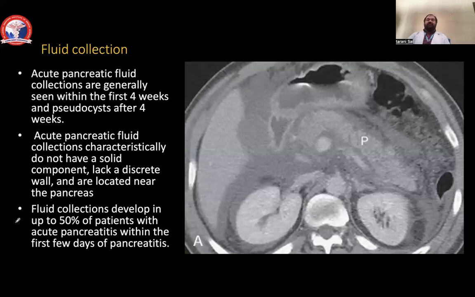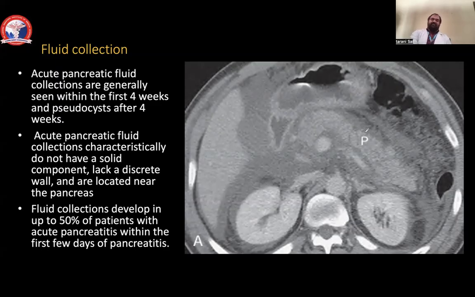This is a CT image of a 43-year-old patient with acute epigastric pain, showing a marked enlargement of the pancreas with a few areas of non-enhancement, adjacent fluid collection and ascites, and we can see the fluid is tracking along the perirenal space.